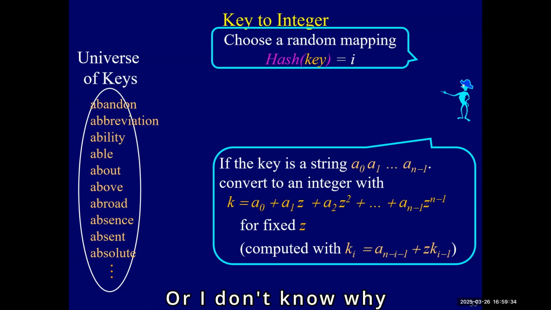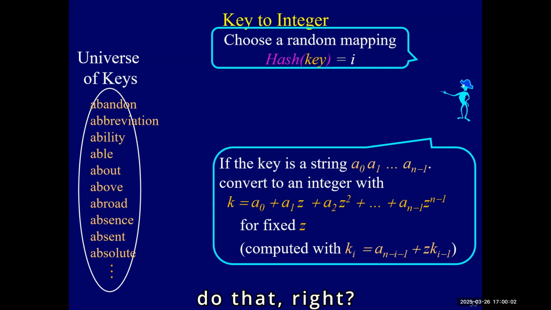Or I don't know why I'm even doing this whole thing, I must have gotten this from somewhere, because what I would do if I had cat, and C is 382, and cat is ACB. Why? Because it's base 16, right? And then T is something, and you just concatenate them together, and you call that an integer, right?